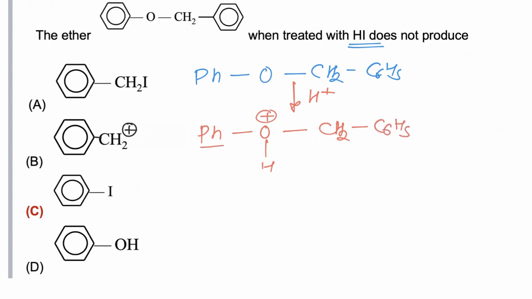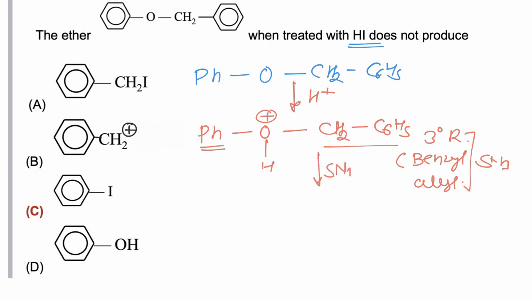Now if out of these two radicals, any forms a benzyl radical, allyl radical or 3 degree alkyl radical, then the reaction takes place via SN1 mechanism. In this case a benzyl radical can form, so the reaction takes place via SN1 mechanism.